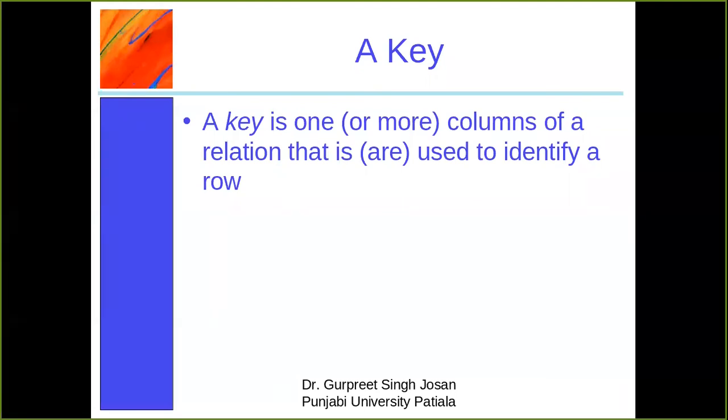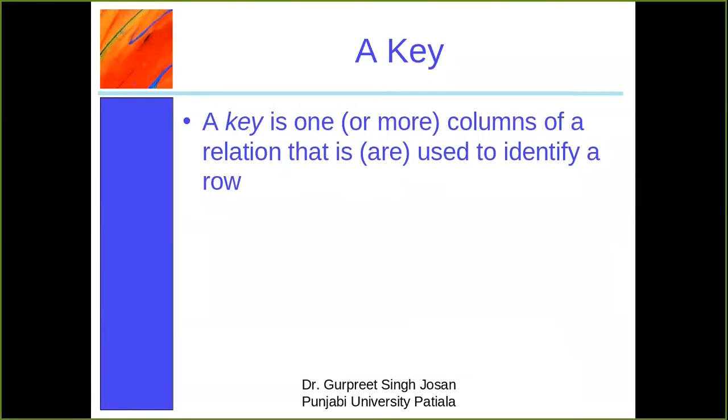For example, if I am going to store the data of students, then the name of the student, age of the student, and class of the student are all attributes and make the columns in the table. If I say that I can identify any student from the name, it is not possible. For example, if I say Amit, maybe in a class there are two or more persons having the name Amit.